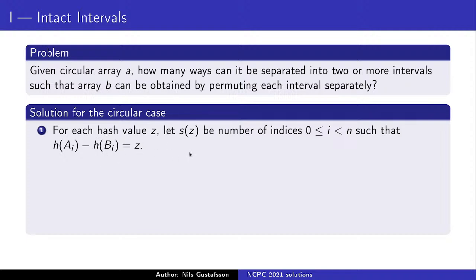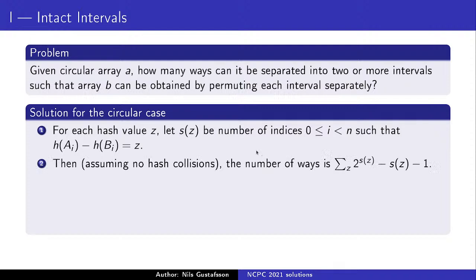So all of the positions where the hash value between the two prefixes differs by z. Then, again assuming that we don't have any hash collisions, the number of ways that the thing can be separated equals the sum over all z of 2 to the s of z, minus 1.